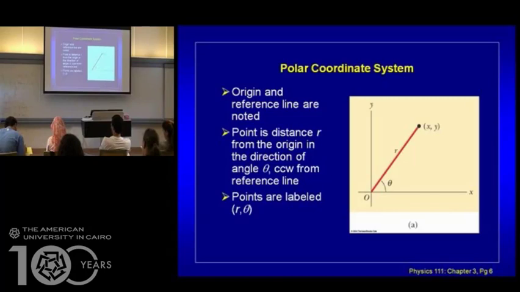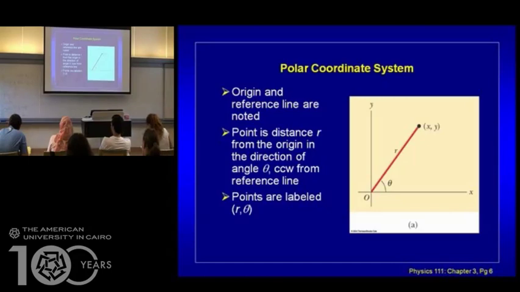Now, if we know X and Y, we can find R. So if we know the information about the vector in the Cartesian coordinate system, we can find the length of the vector, the magnitude of the vector in the polar coordinate system.